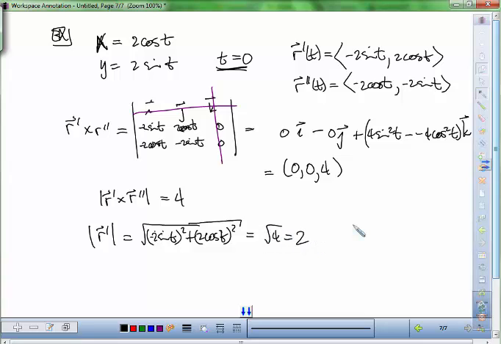And that's our denominator. Oh, we have to cube it. So your kappa of t, your curvature, is equal to the numerator, which is 4, over the denominator, which is 2, raised to the third power. It's 8, is that right?